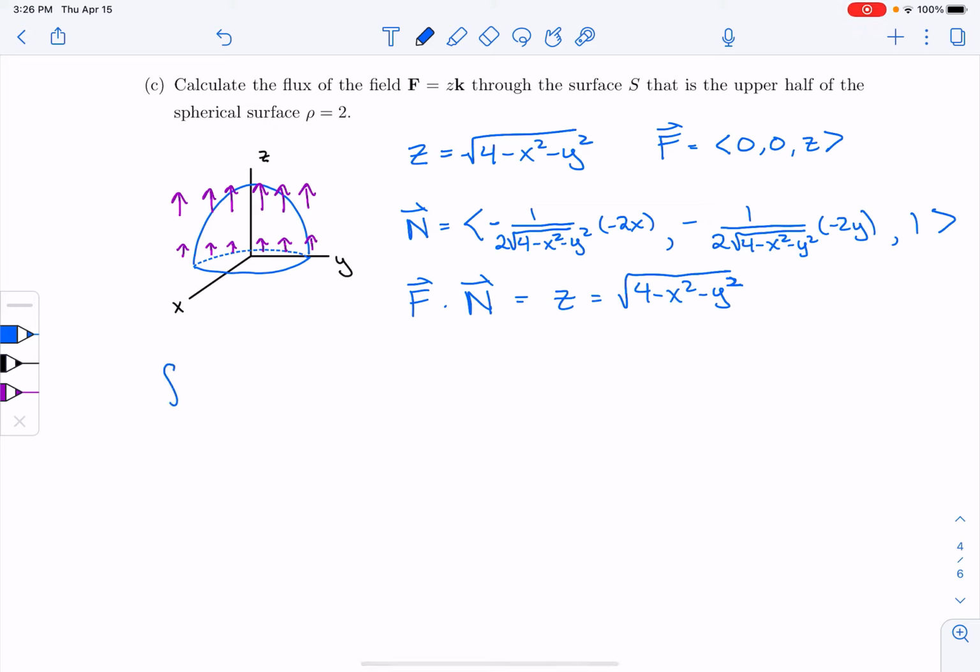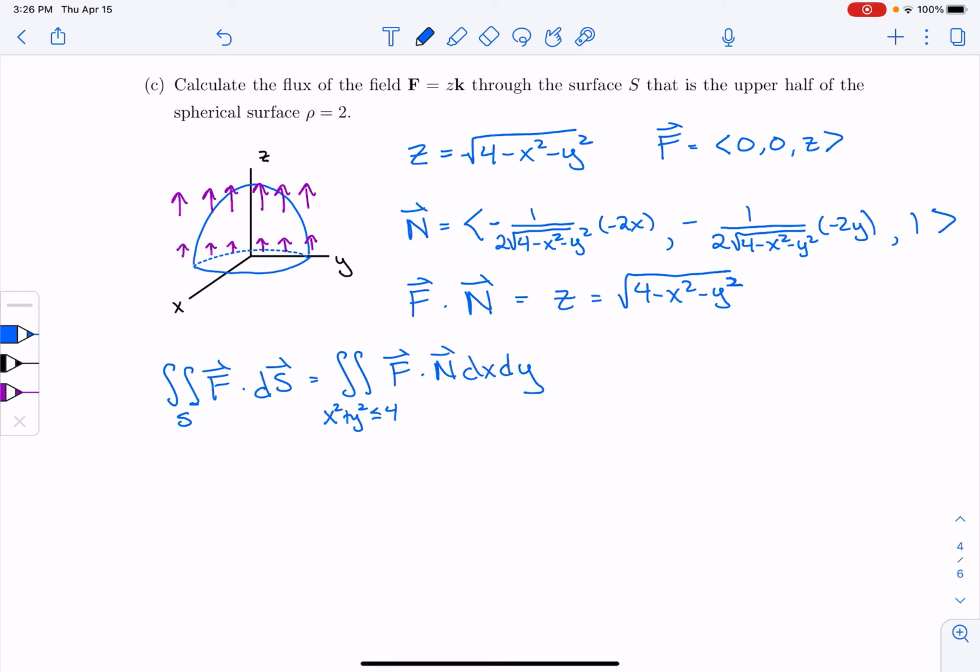So if we want to compute the flux of F dot dS over our surface, that's going to be a double integral over our domain for the sphere, which is just x squared plus y squared less than or equal to 4. And then we're going to do F dot n dx dy.